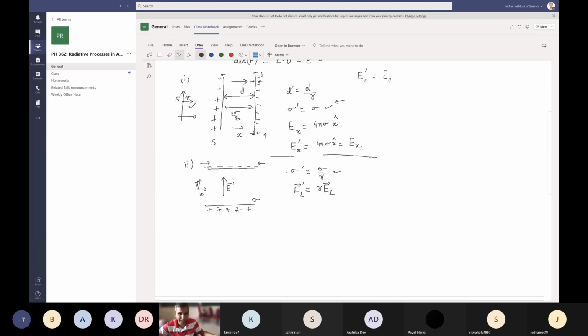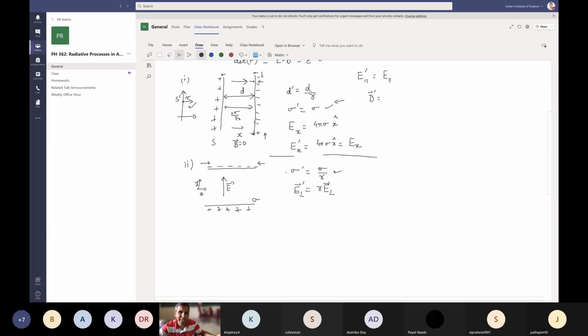Okay, what about magnetic fields? Let's go back here. What about B? What about B prime? In the lab frame, B is actually 0.